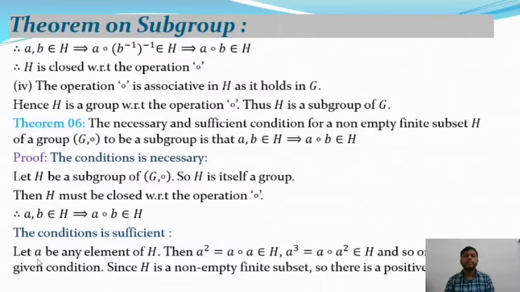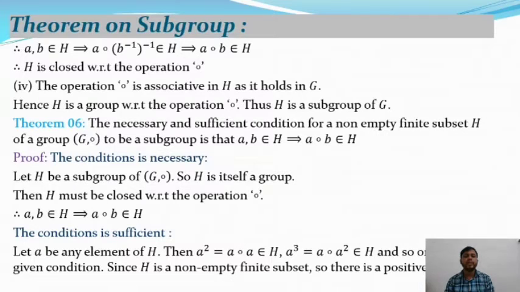So let A be an element of H, then A square, you know that A square is equal to A composition A, also belongs to H. A to the power 3, that equals A composition A square, also belongs to H. By the above relation we have seen that A composition A inverse belongs to H, and so on.